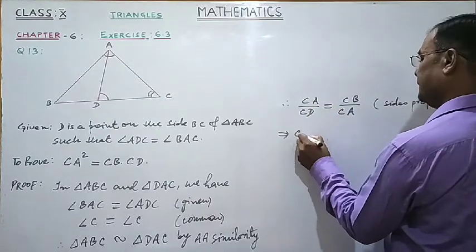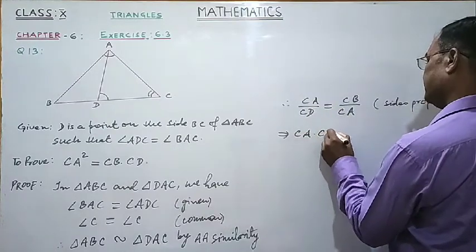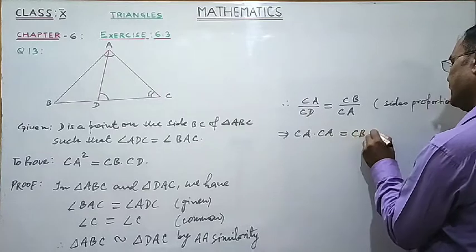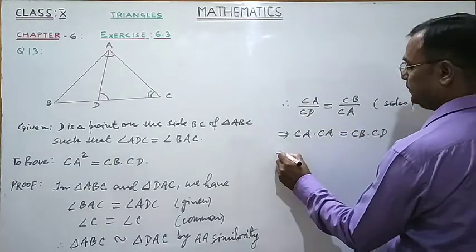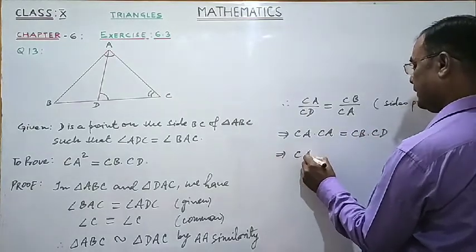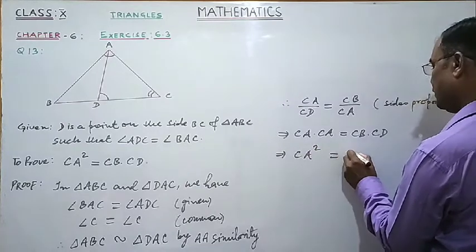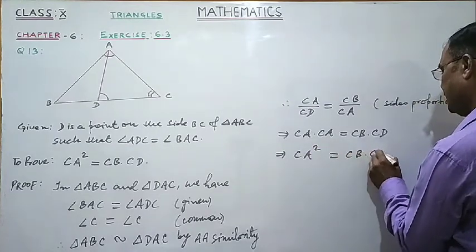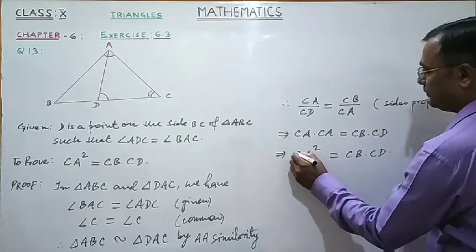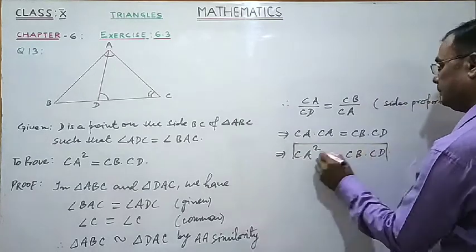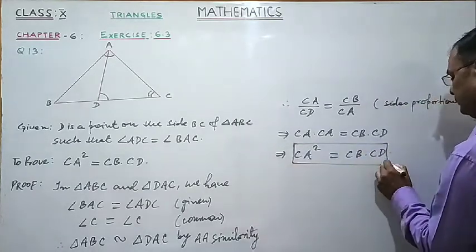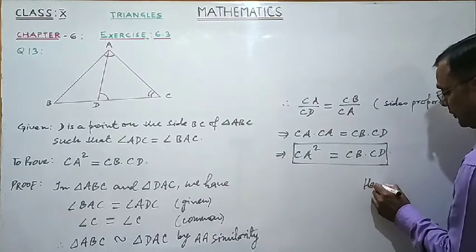CA into CA equal to CB into CD. CA into CA, CA square equal to CB into CD. Hence proved.